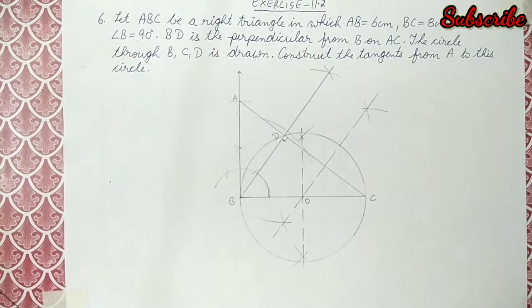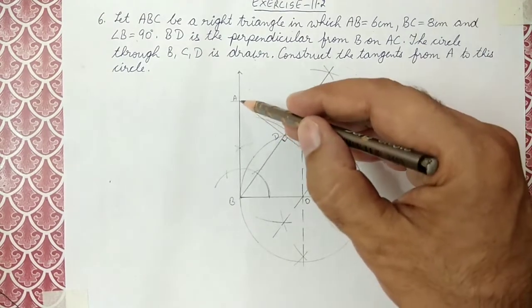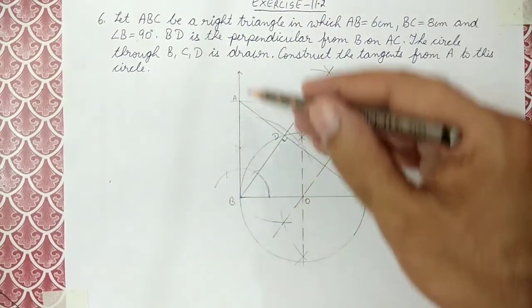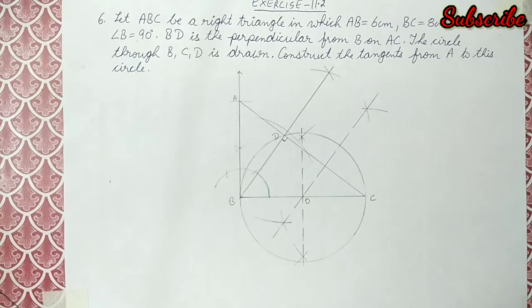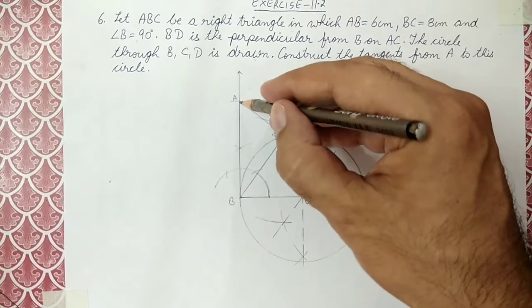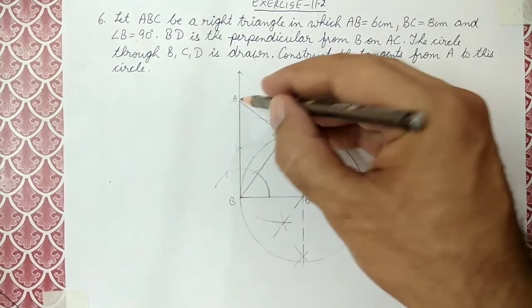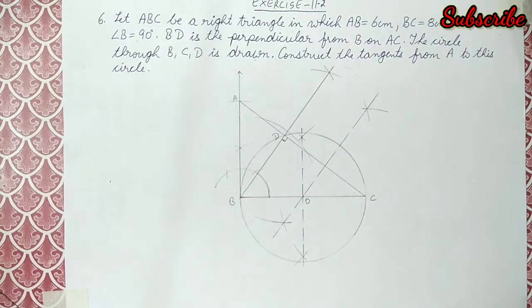Now, if you see carefully, from A there is already one tangent. This AB is already a tangent. And we know from any point outside the circle, the lengths of tangents are always equal. So you can do one more thing. You can just open the compass equal to AB.